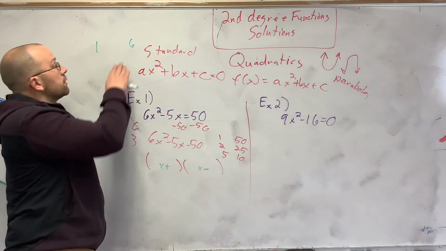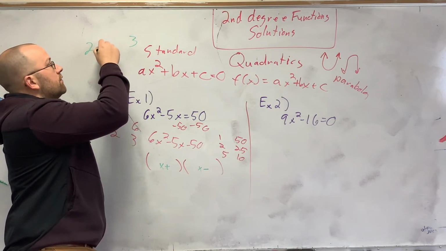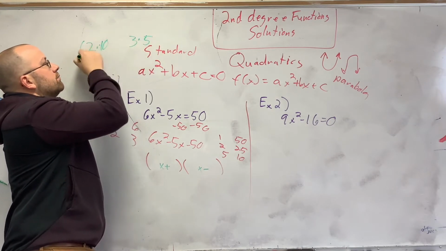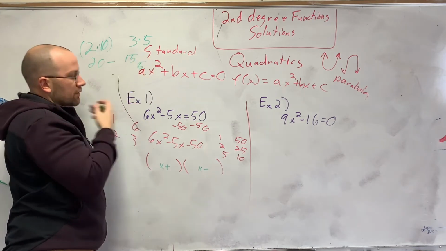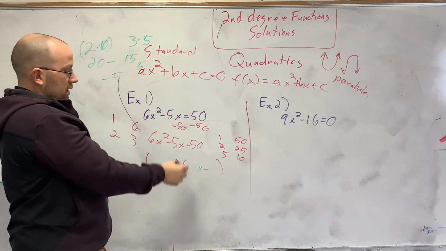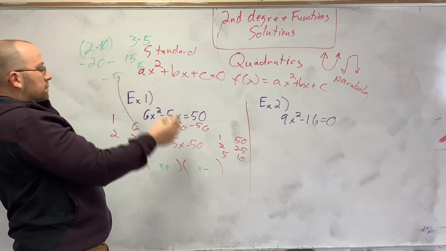It's going to be 2 and 3, and 5 and 10. That gives me 20, that gives me 15, subtract them to get 5. Now my bigger number has to be negative because the middle is negative. So my 20 has to be negative.